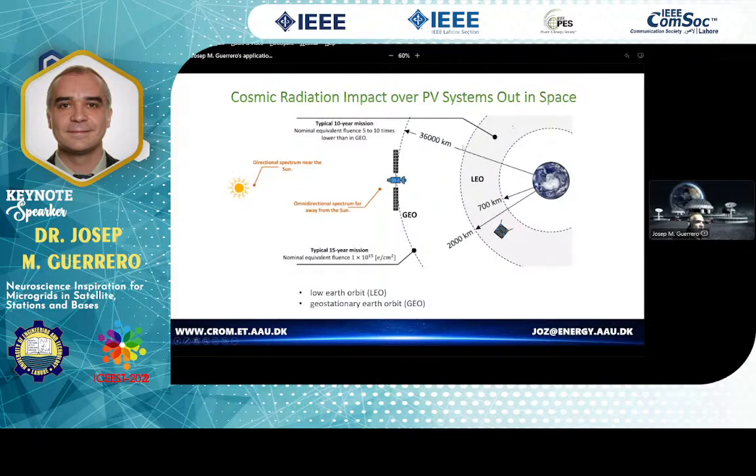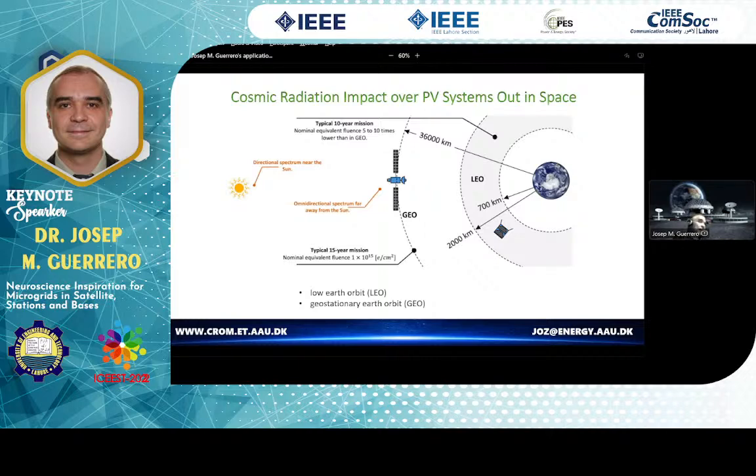So especially when you have geostationary satellites, not so much for low Earth orbit, which also you may have this effect. But here what we have typically in a 15-year mission is a total equivalent fluence of 10^15 electrons per square centimeter.